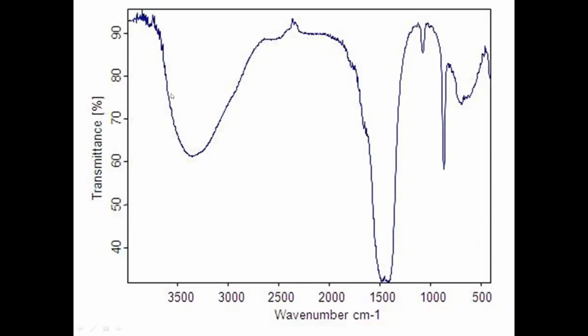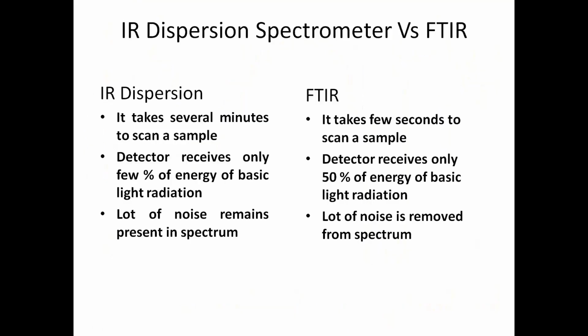At any point, and even if you want to further magnify, you just put the cursor here and double click, or you can magnify it. So each and every point you can identify and know about the wave number, what wave number is there, how much absorption is there. So all precise information is possible by using this FTIR.